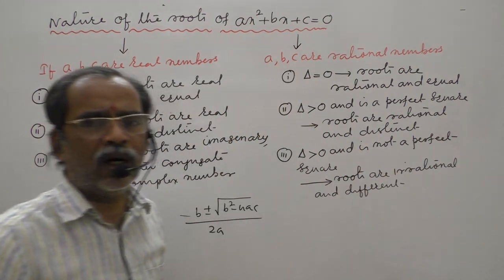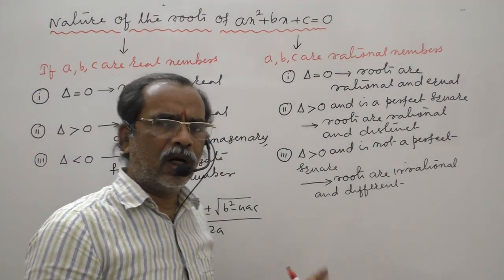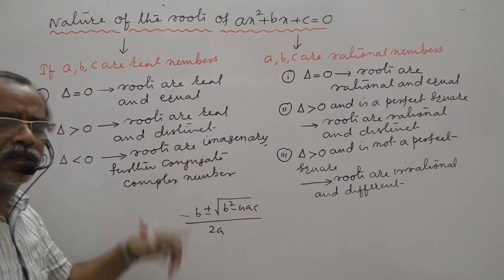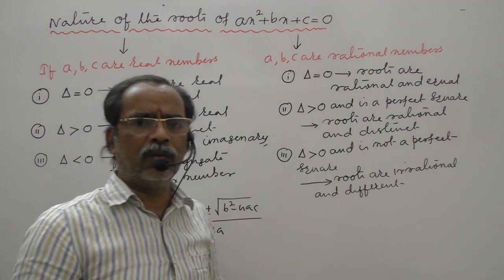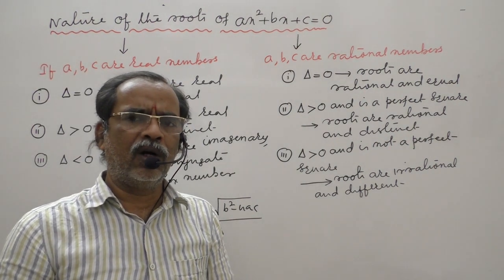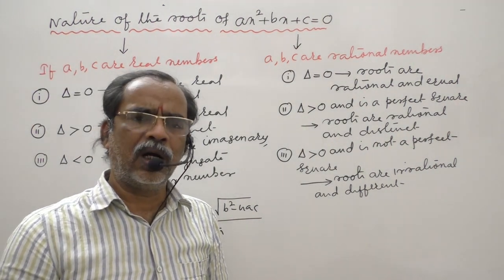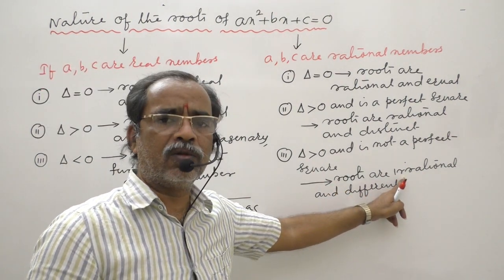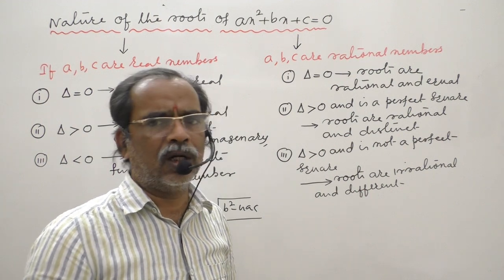Irrational roots means they are surds. Here also, when discriminant is less than 0, roots are imaginary, and further, they are complex numbers. For any equation, complex numbers always occur in conjugates. Here also, whenever irrational roots come, they also occur in conjugates.